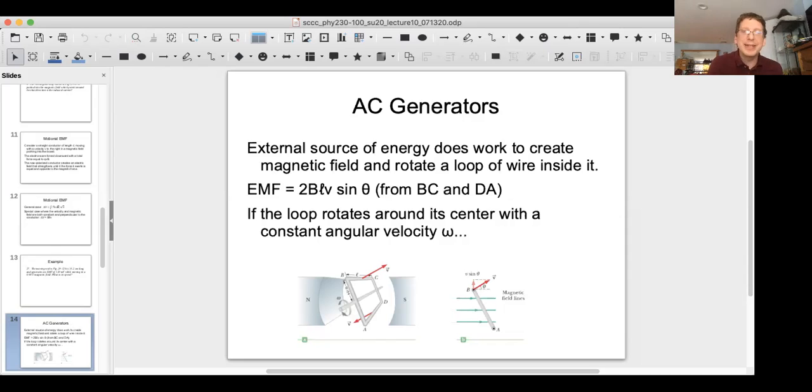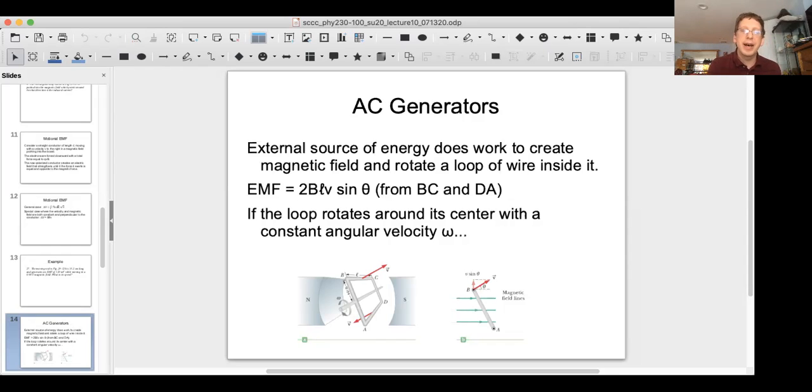In this case, we have a rectangular coil. The length is L and the width is A. And so the axis of rotation is on the side that's a length A.